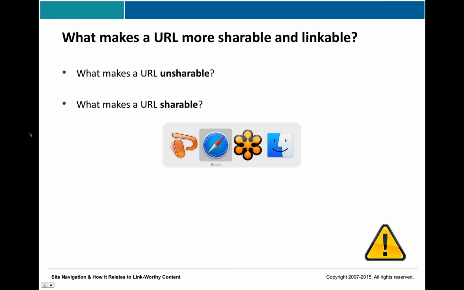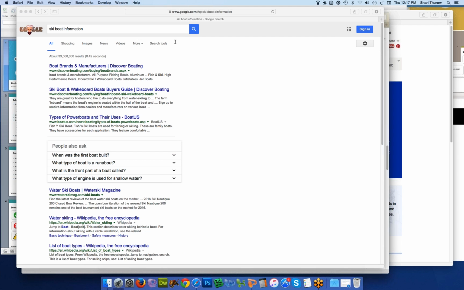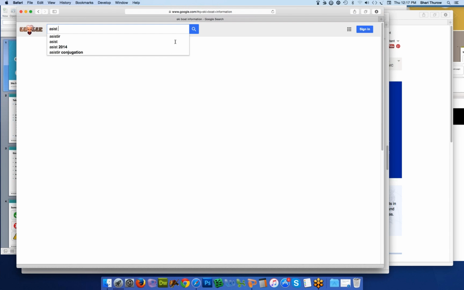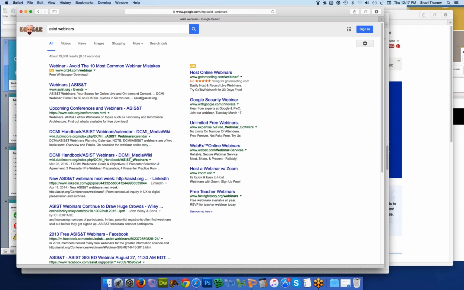My base level setting is I want to read my emails in text. Have you ever seen a URL break because it's so long in email, so that now you have to copy and paste two pieces of a URL together in a tiny quarter-inch window? That's a deal breaker. Unshareable, unclickable, not going to happen. So sometimes a URL can be too long, and that's just one example of an unshareable URL.